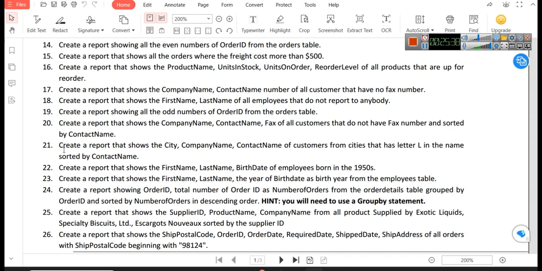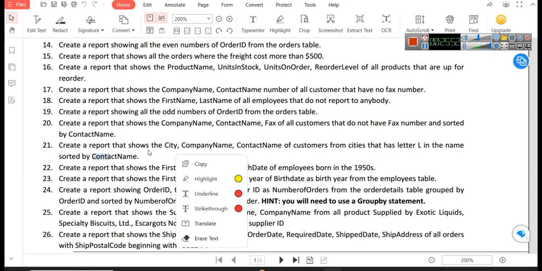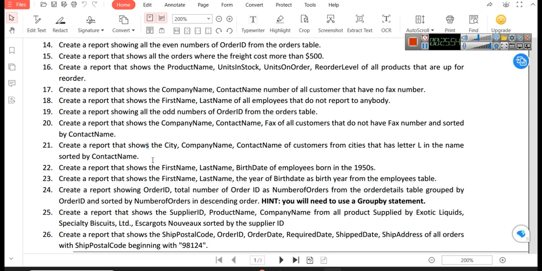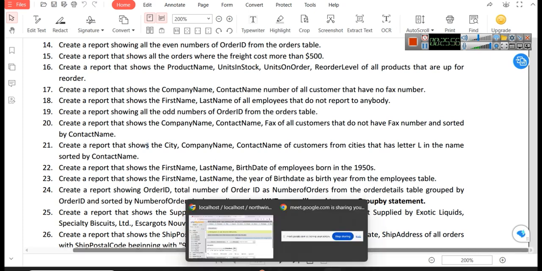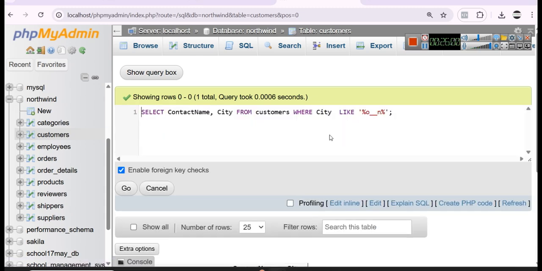Now here is a question. Create a report that shows the city, company name, contact name of customers from cities that has letter L in the name, sorted by contact name. So for sorted by, what will you do? For sorted by, you will simply write, after doing all of this, you can order by anything, right?